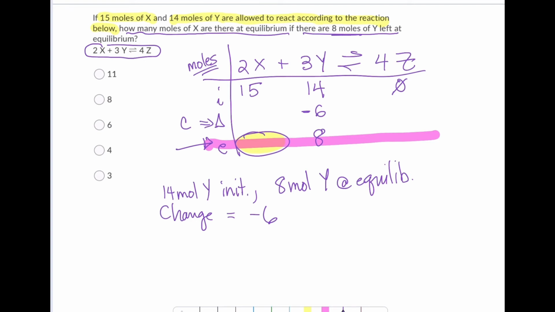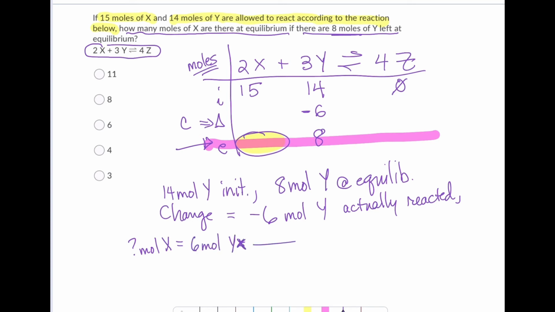From Chem 1, we learned that as this reaction proceeds, if 6 moles of Y actually reacted, then I can calculate how many moles of X it takes to react with that many moles of Y. So how many moles of X react with 6 moles of Y? Then I would multiply by the mole-to-mole ratio.